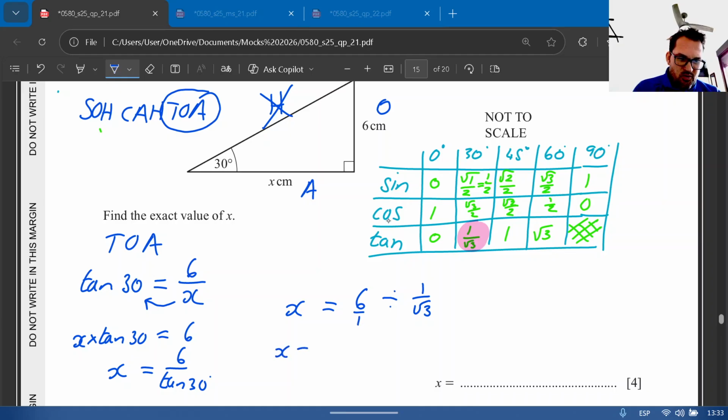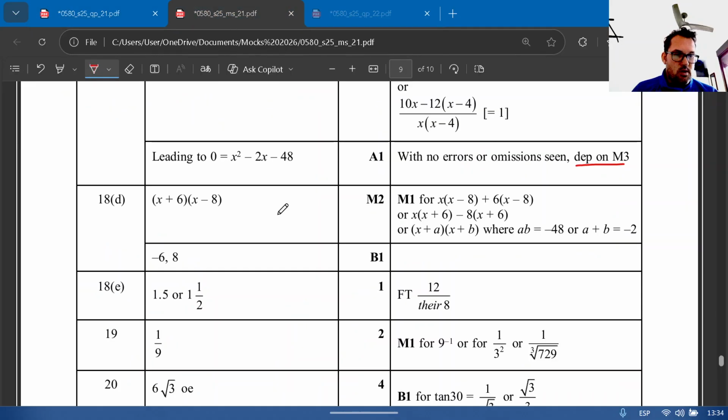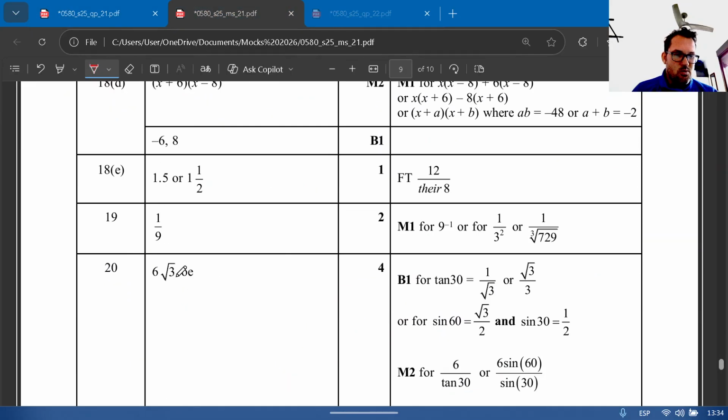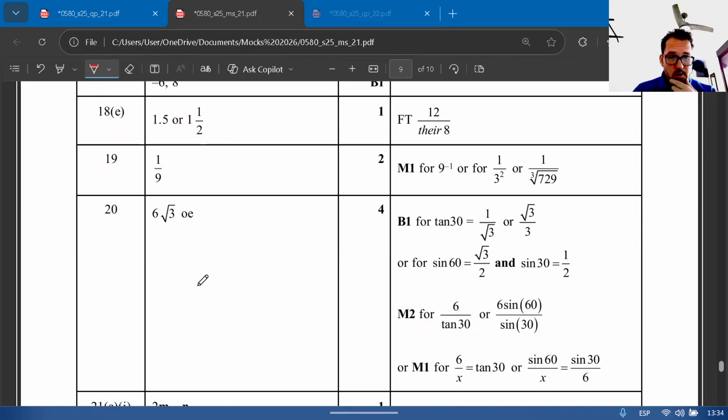So dividing with fractions, we leave the first one the same, 6. We can invert this, square root 3 over 1, and multiply. So that will give us 6 root 3 over 1 times 1, and that's the final answer. That's the exact value they were asking about. There it is, 6 root 3 or equivalent.